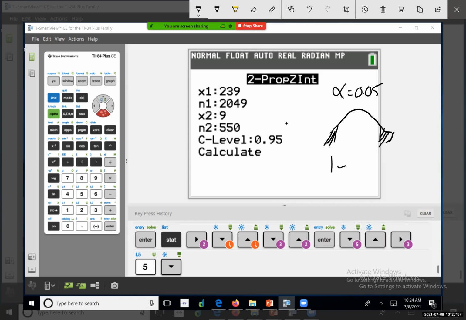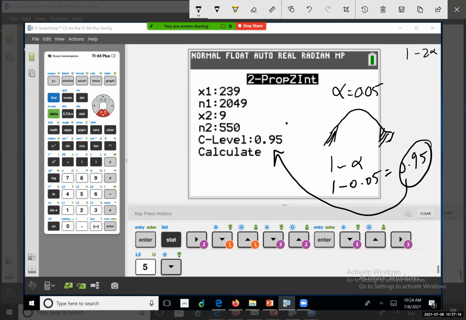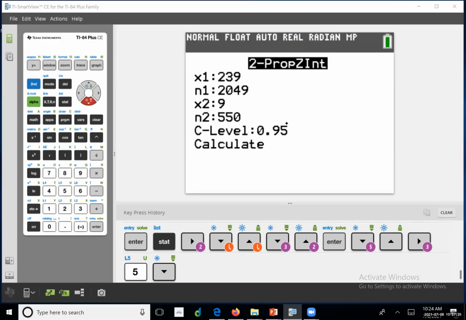So we just say 1 minus alpha, so it's 1 minus 0.05, and that's 0.95. Even if they were not saying with 95%, we would have known. If that was one tail, then you would say 1 minus 2 alpha. But since it's two tails, you would say 1 minus alpha. Okay, so let's go ahead and calculate.